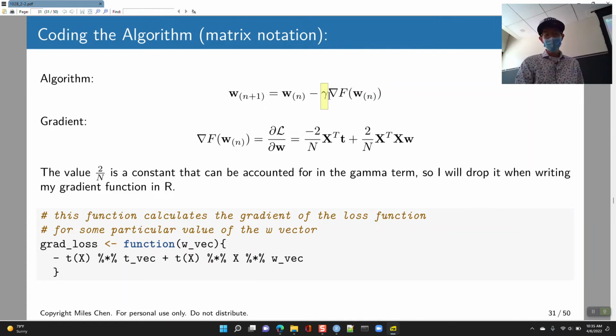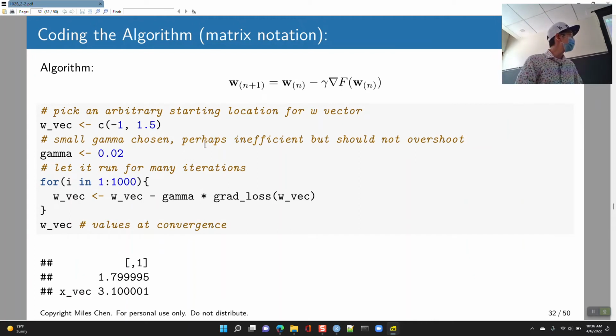So we can account for the value 2 over n by scaling our gamma to be larger or smaller, because it's just another constant here. So the gradient of the loss function, coded up, will be negative x transpose times t plus x transpose x times w. Is that okay? Writing the gradient of our loss function right here.